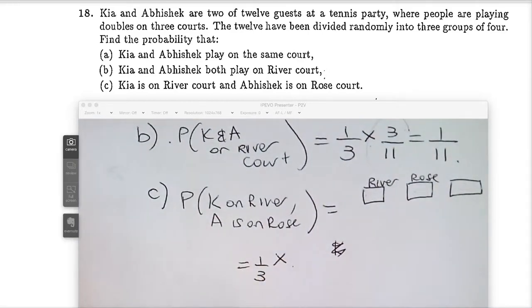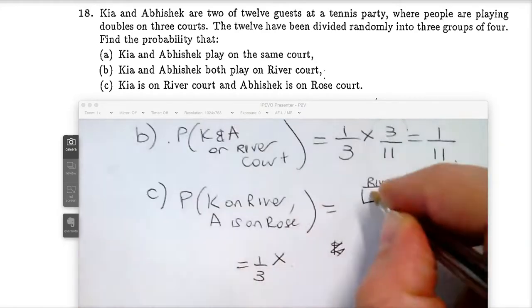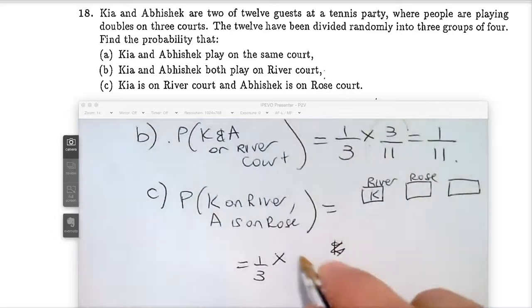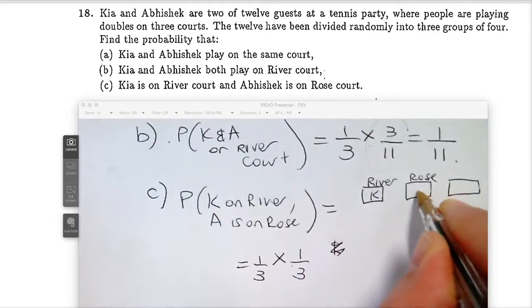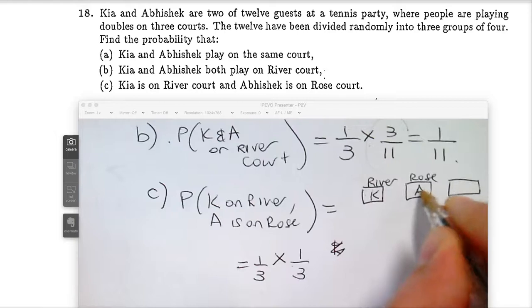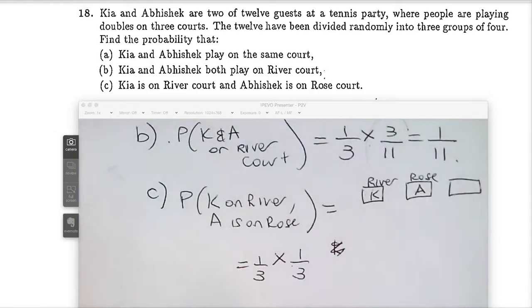Now, the chance that A will be on Rose, 1 in 3 chance that K gets in there, a 1 in 3 chance that A gets on Rose, but then Rose there's a 4 in it because they're randomly placed.